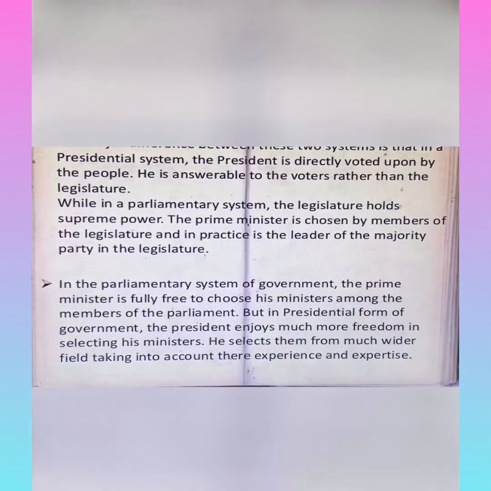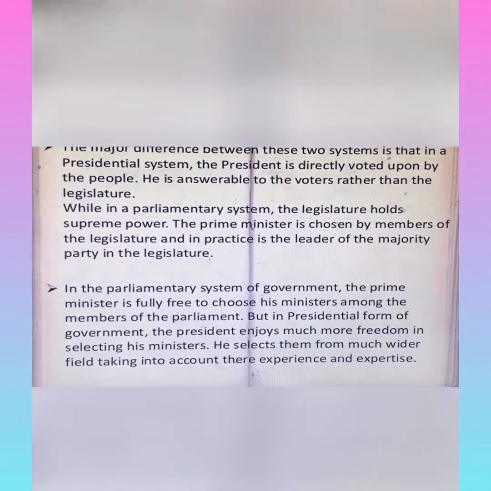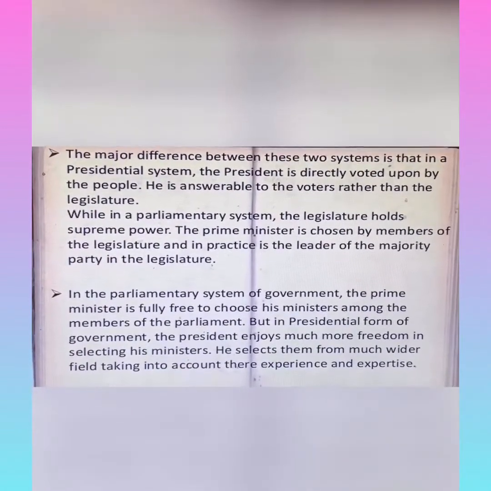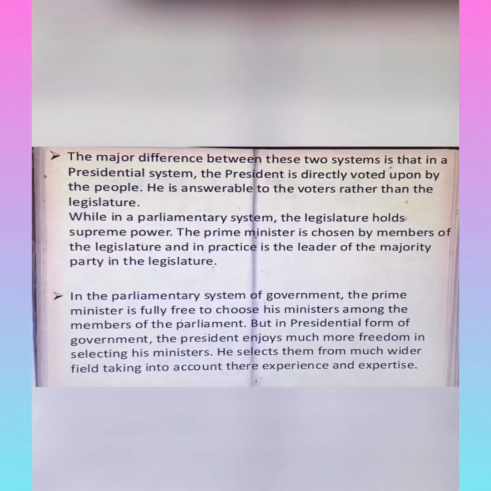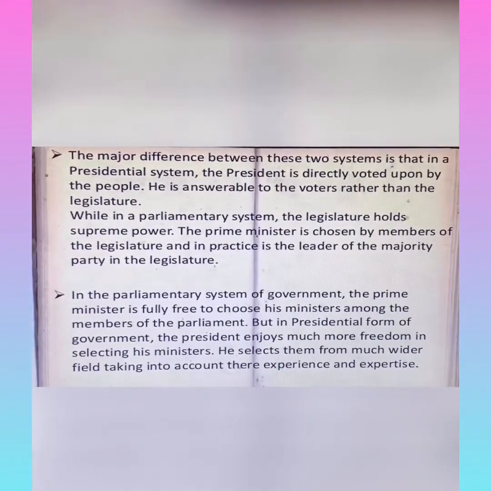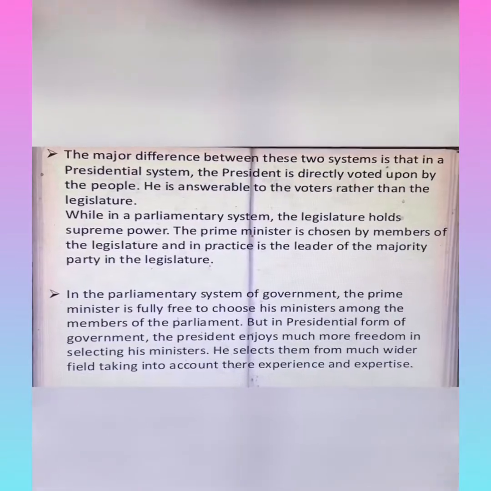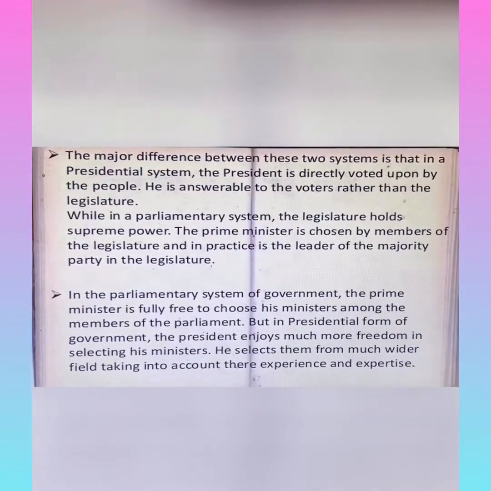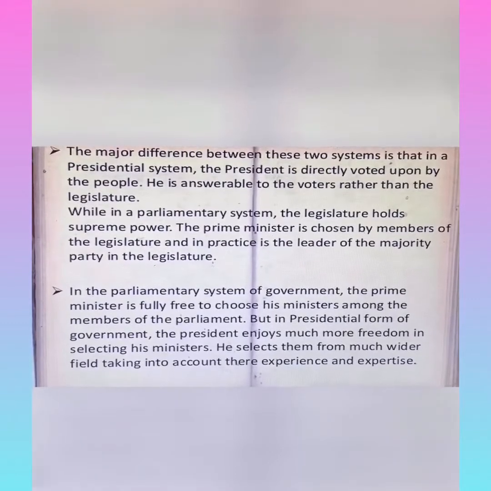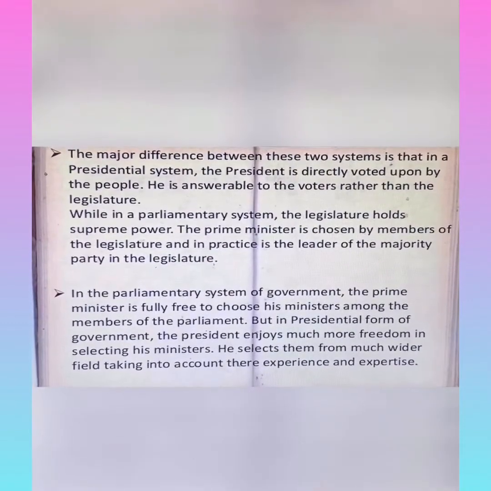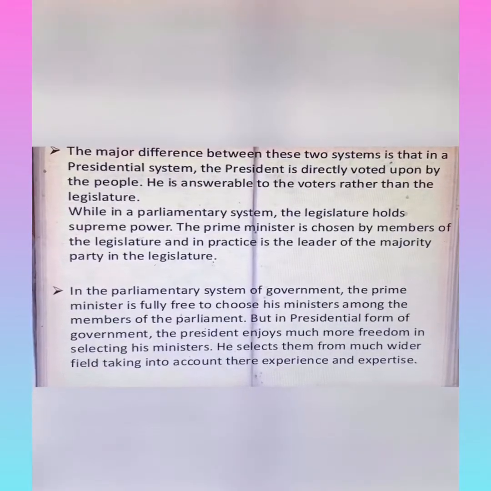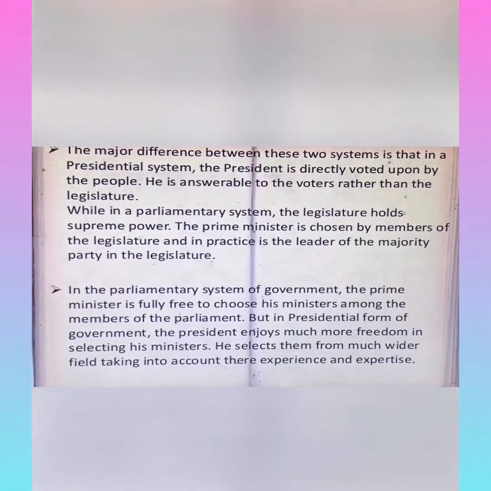So, in detail, we can say that in the US, the president is the head of the state, and so his government is popularly referred as the presidential form of government. India, on the other hand, has a parliamentary form of government, as the Prime Minister with his cabinet exercise real power, with the president being only a nominal head.